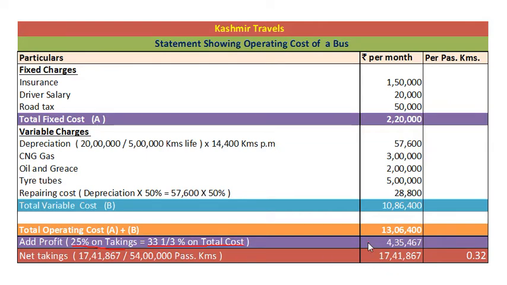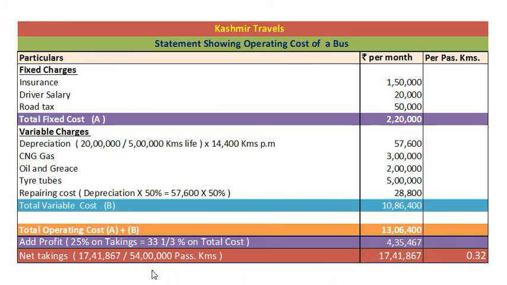So it amounts to 13,06,400 multiplied by 1/3, which is 4,35,467, and finally we get our net takings, that is 17,41,867.